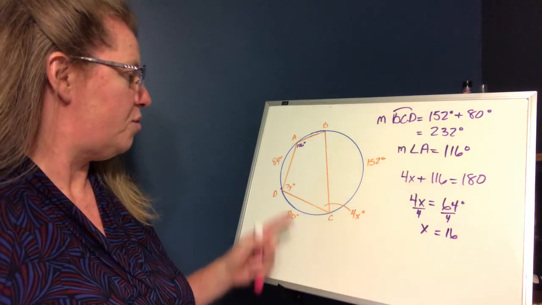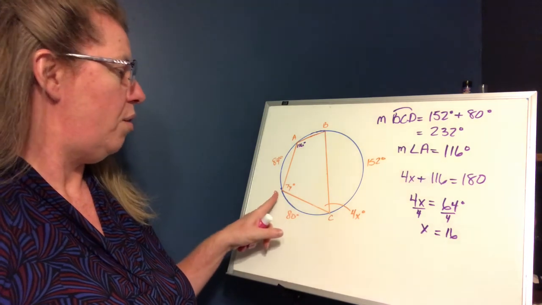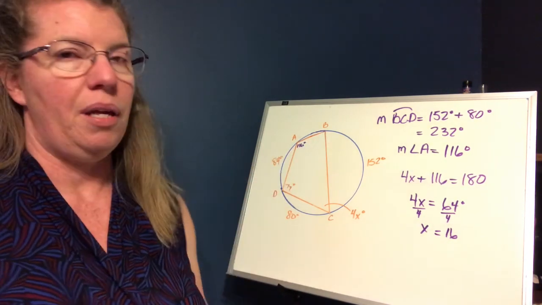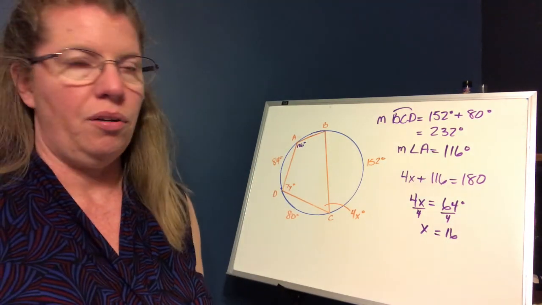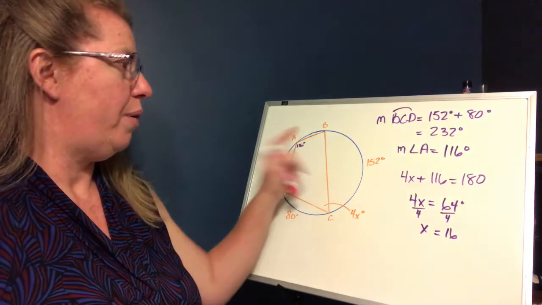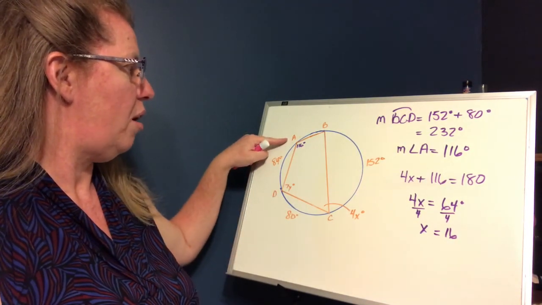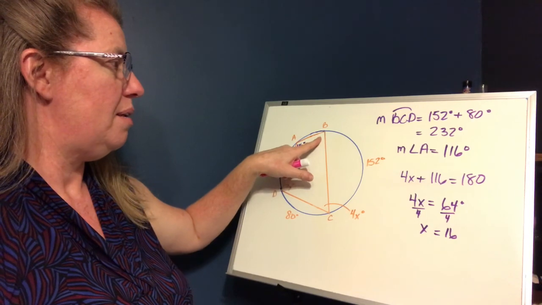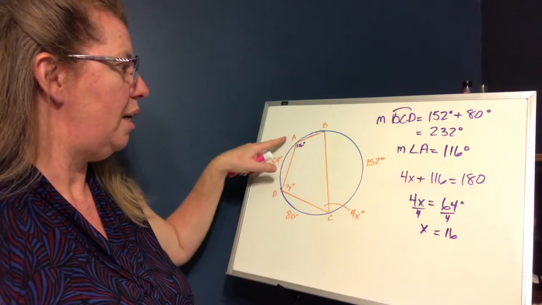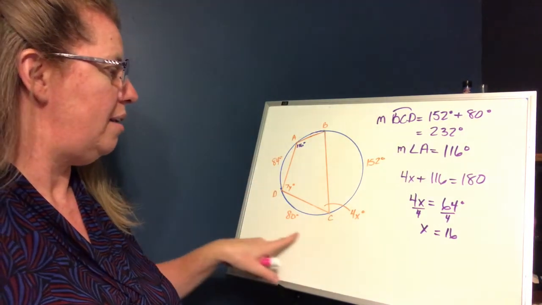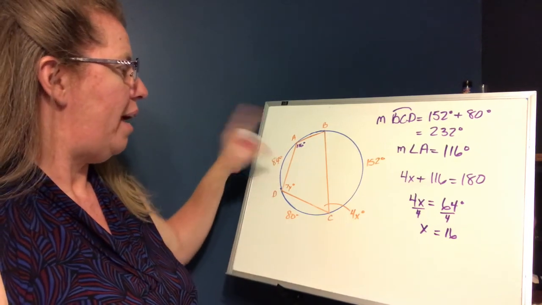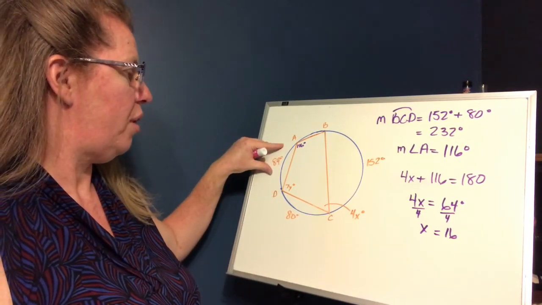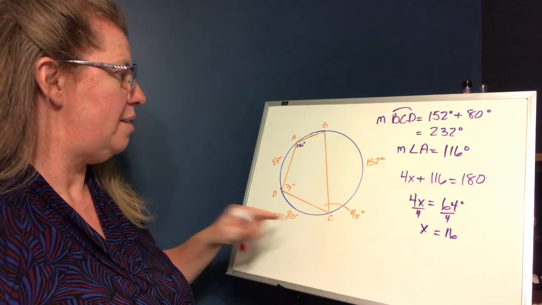Now we can concentrate on y. We know that angle D plus angle B must add up to 180 degrees. Again, we don't know angle B, but they do give us the arc measures. Angle B is an inscribed angle. It intercepts arc ADC. And they happen to give us the measure of arc AD, the measure of arc DC.